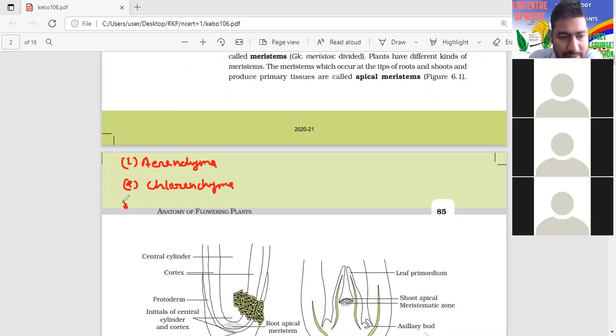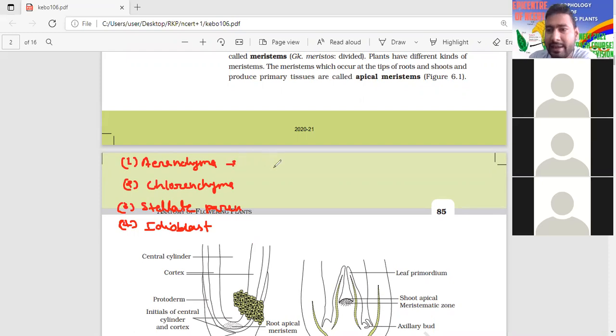Number three is the Stellate Parenchyma. And number four is the Idioblast. So Chlorenchyma, Aerenchyma, Stellate Parenchyma, and Idioblast are the types of parenchyma on the basis of their function. On the basis of their function, they are classified into four different types.